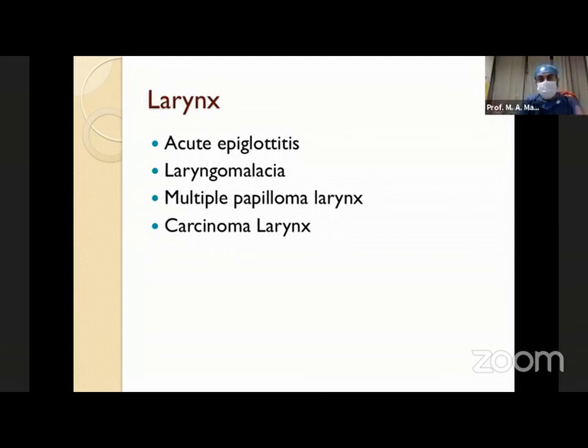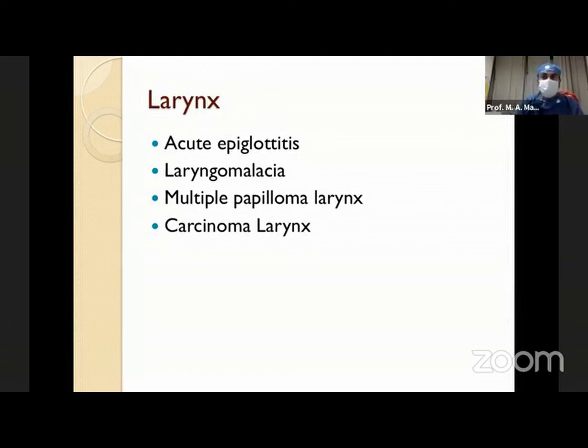So clinically, the patient presents with persistent hoarseness for 1 year, or 6 or 8 months. On indirect laryngoscopic examination or fiber optic laryngoscopy, you found a growth or ulcer in the right vocal cord, and the biopsy shows squamous cell carcinoma.